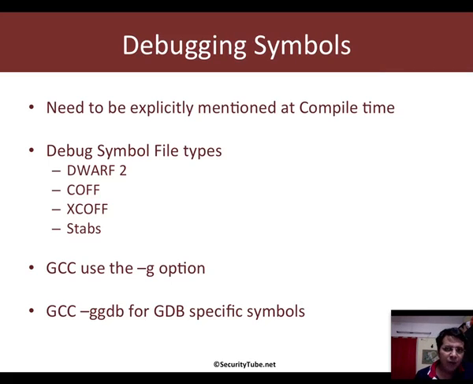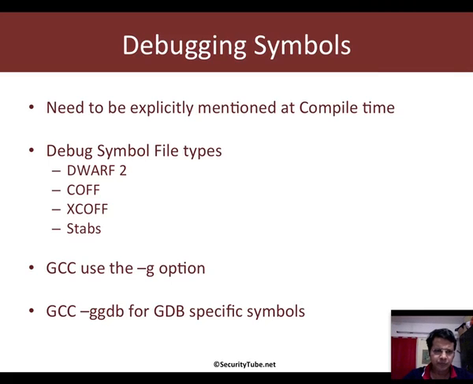The popular ones include dwarf2, coff, xcoff, and stabs. I would probably not get into the details of the different debugging symbol file formats. It's really not required because most of the time GDB and all other debuggers do a fantastic job reading the symbols, correlating them with what is there in the binary, and helping you out at the right time to analyze all of this.